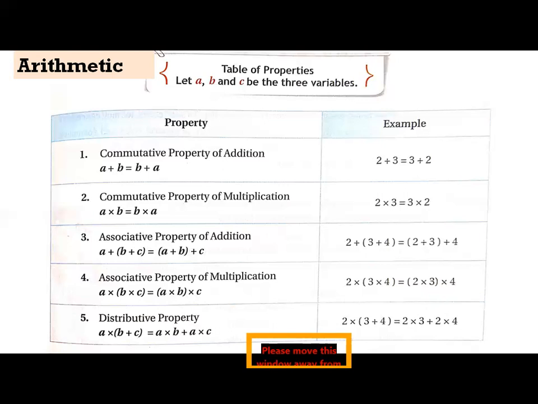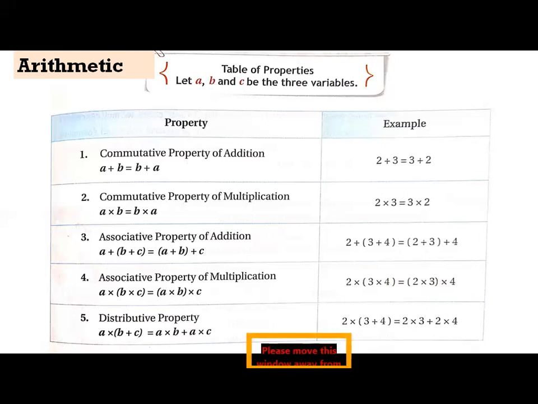In this property we have used three variables, namely a, b and c. Assume a is 2, b is 3 and c is 4. We get the example 2 plus bracket of 3 plus 4 is equal to bracket of 2 plus 3 plus 4.